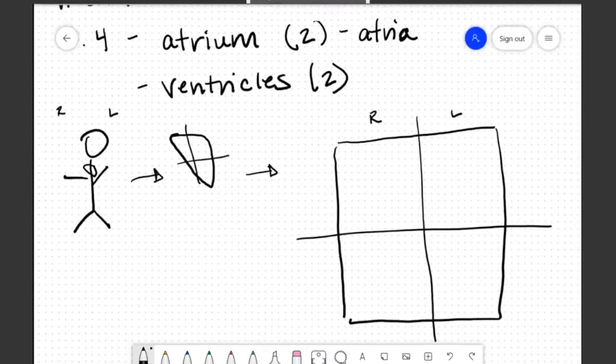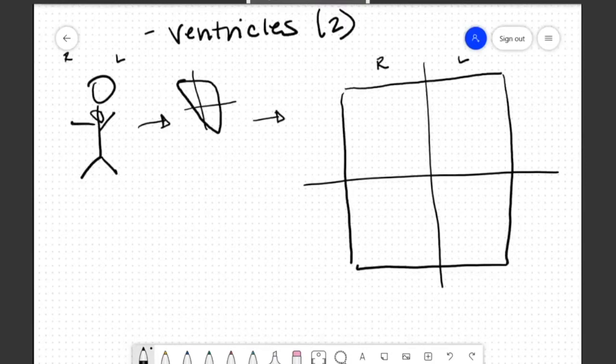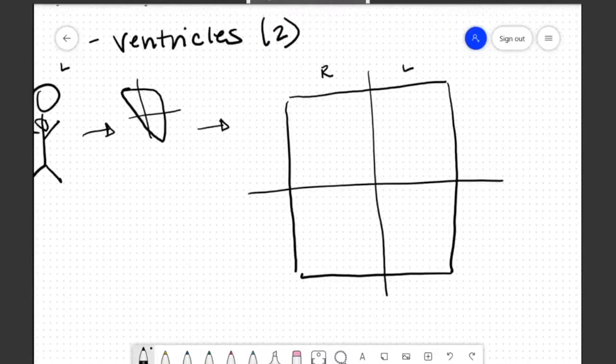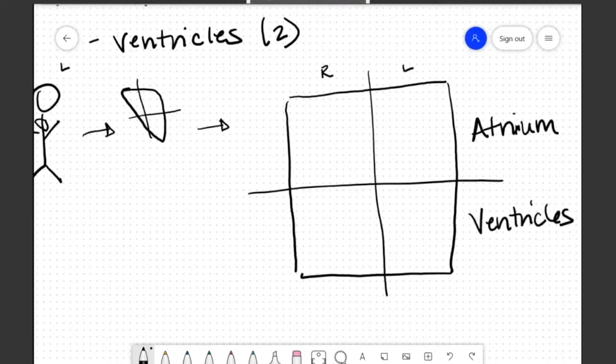Okay. So with these chambers, what do we have? With our right and our left side, we have these 4 chambers. Your atrium are going to be the top chambers, whereas your ventricles are going to be the bottom chambers.